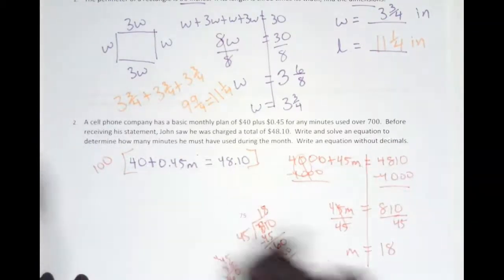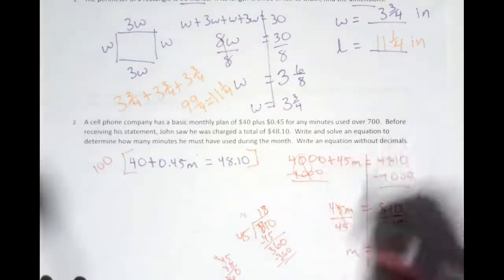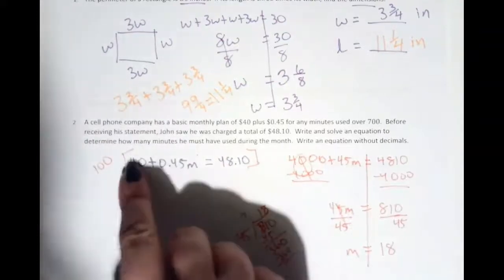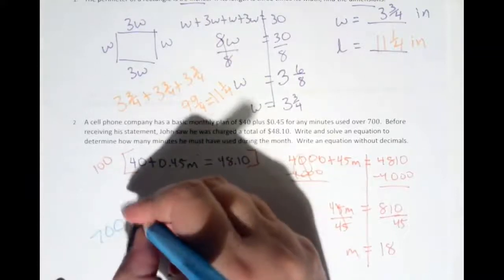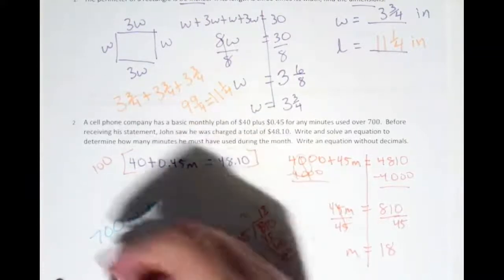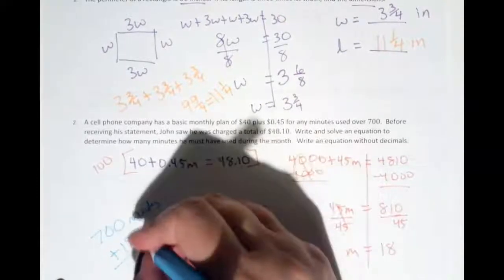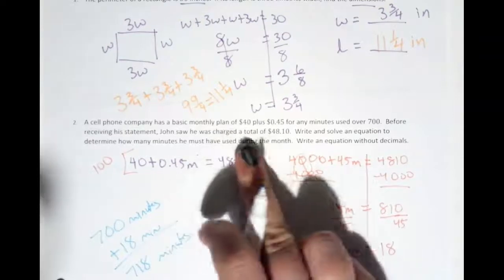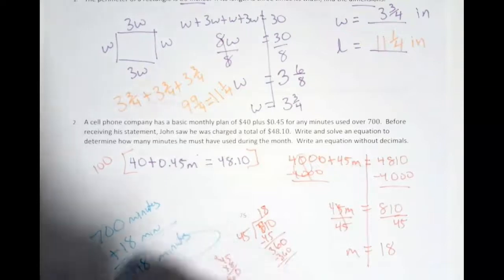Alright, but that was just the additional charge for minutes over 700. 700 minutes were included with the $40. So final answer, 700 minutes that were included with the $40 plus the 18 minutes I went over. 718 minutes was the total used during the month.